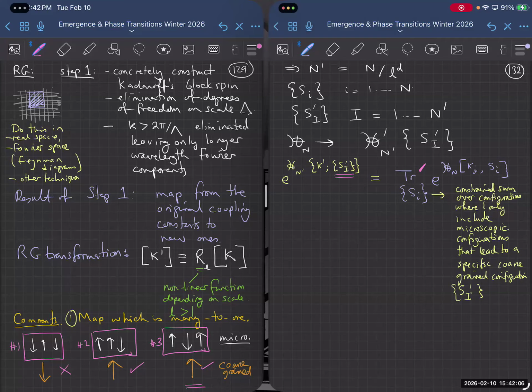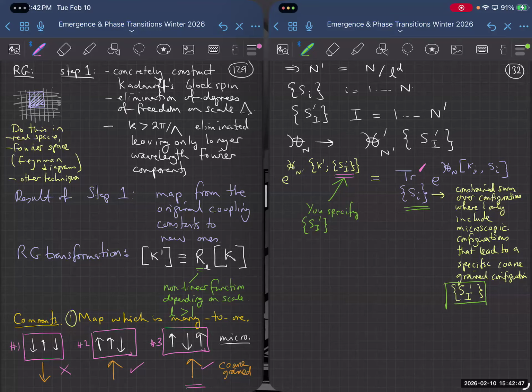So the game is you tell me what S_I prime is. You specify the coarse-grained configurations. That comes into the right-hand side because it comes in here. I have to choose microscopic configurations that will give me the coarse-grained one that I want. So I do that trace of e to the H_N, summing over a bunch of exponential factors, and I'm going to get some awfully complicated function.